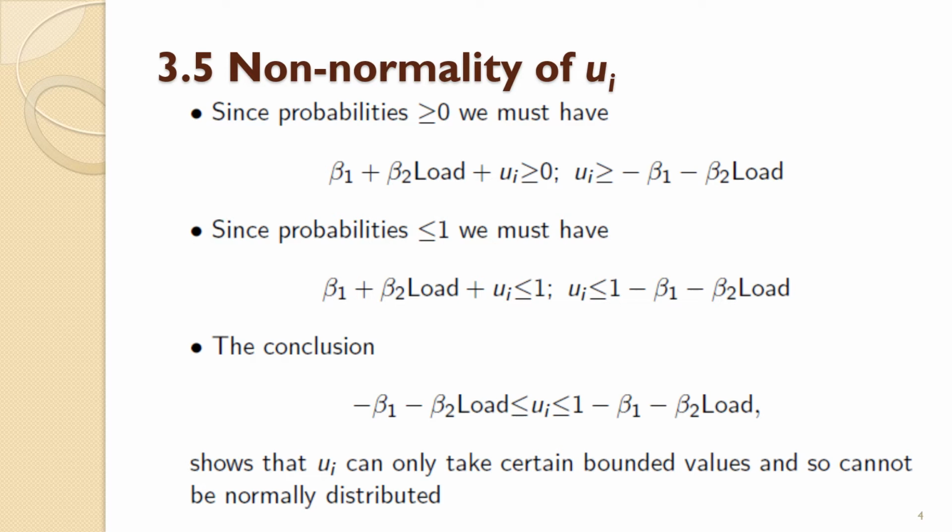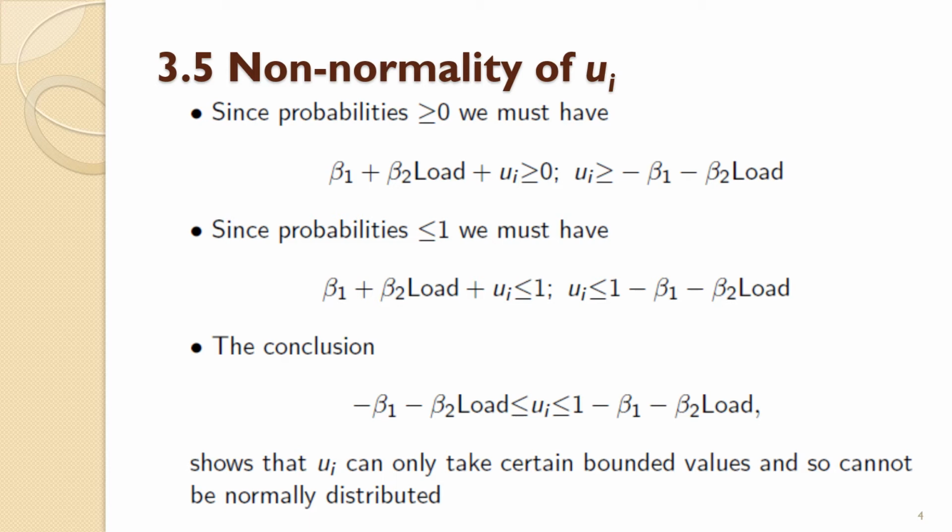The conclusion is that the terms must be within this bound here, which shows that ui can only take certain bounded values, and so necessarily then it can't be normally distributed, because random variables that are normally distributed can take any value at all, positive or negative. It's just that you might get low probabilities of extreme events, but here there is probability 0 for those ui values.